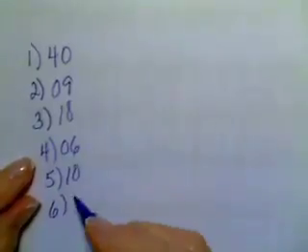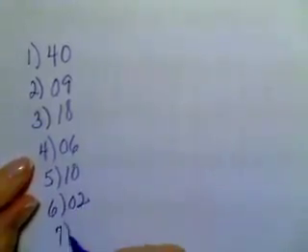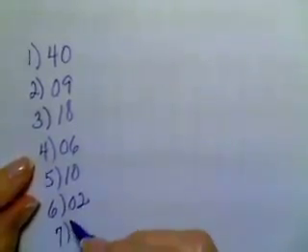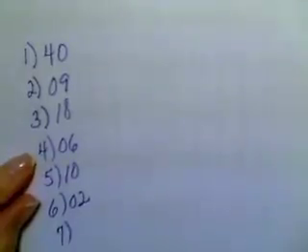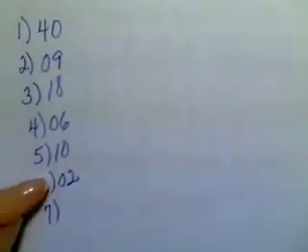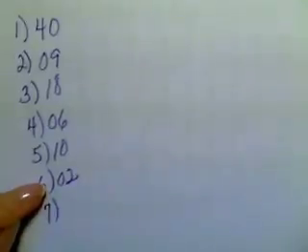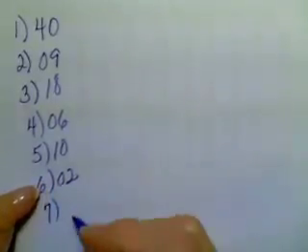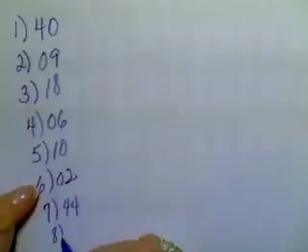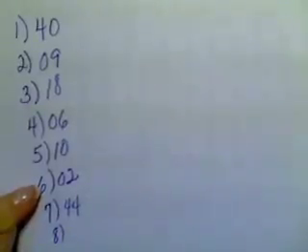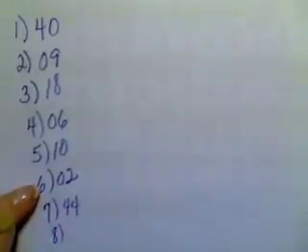Then 62, we don't have a 62 or an 89 or a 97, and so now I go to 10. Then 2. I don't have a 58 or a 63, and I've already used 2. I don't have a 91, so I go to 44. So you skip numbers that you've already chosen, and you skip numbers that are not part of the population.